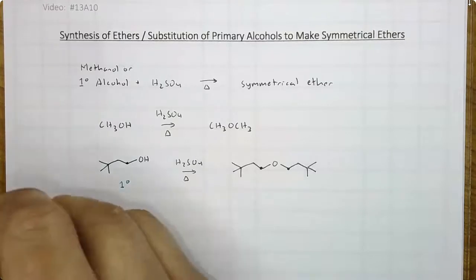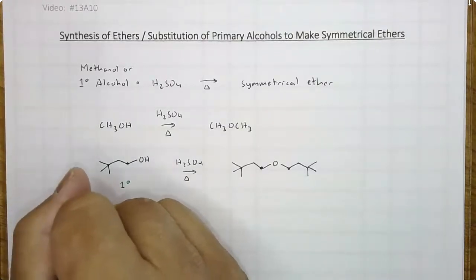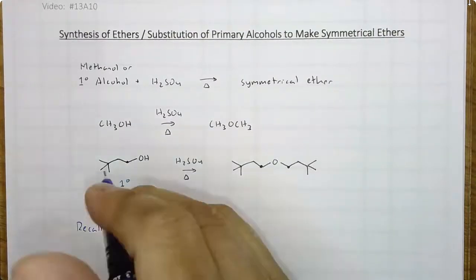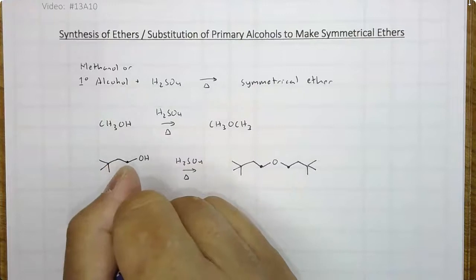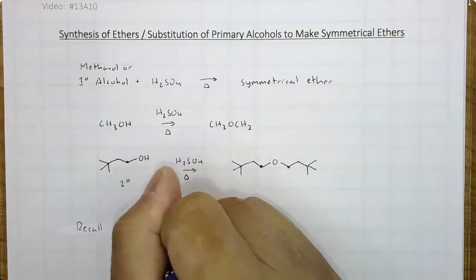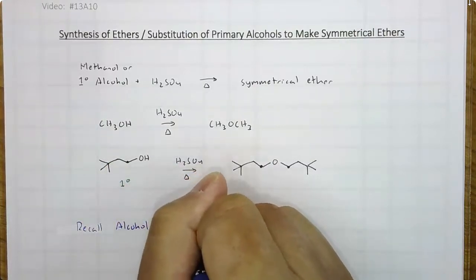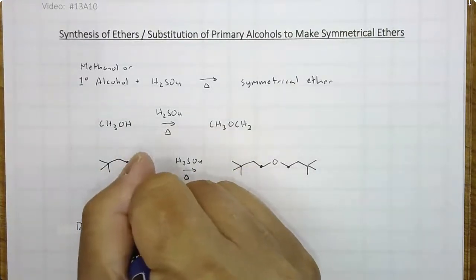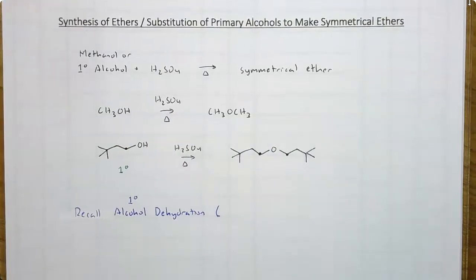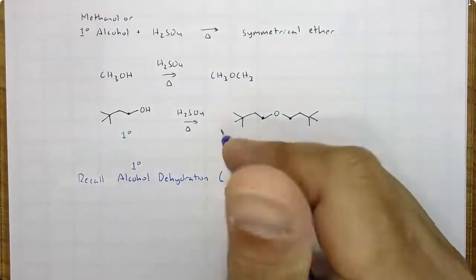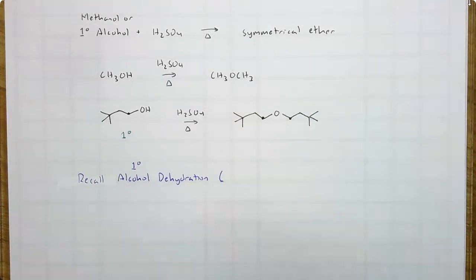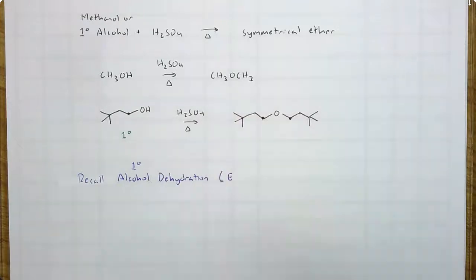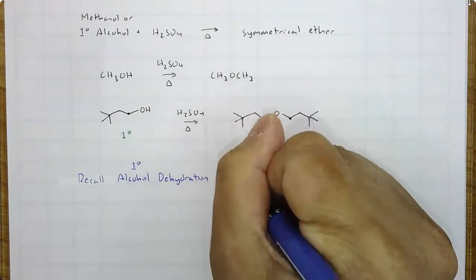We're going to recall alcohol dehydration. We'll call this primary alcohol dehydration. That's the same thing as elimination actually. We're removing an H and an OH. And since it's primary, it's going to be an E2 elimination.